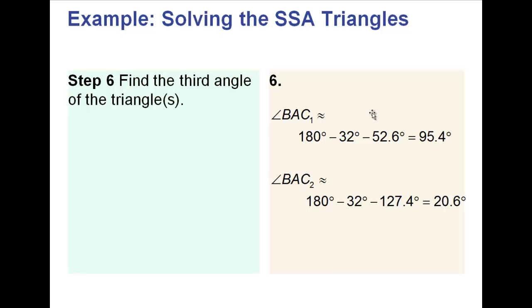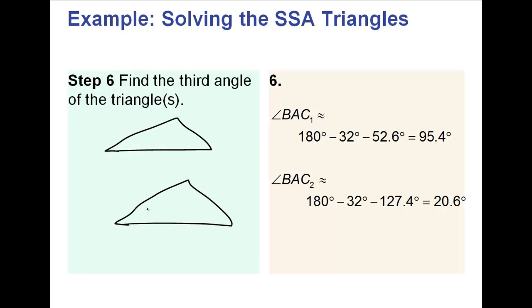And now that we found those, let's draw a picture just to remind ourselves. We have one triangle, and don't bother that they're not accurate as far as their shape. Okay, here's my two triangles. We'll call it A, B, C. In this triangle, we were given, I believe, B, 32.